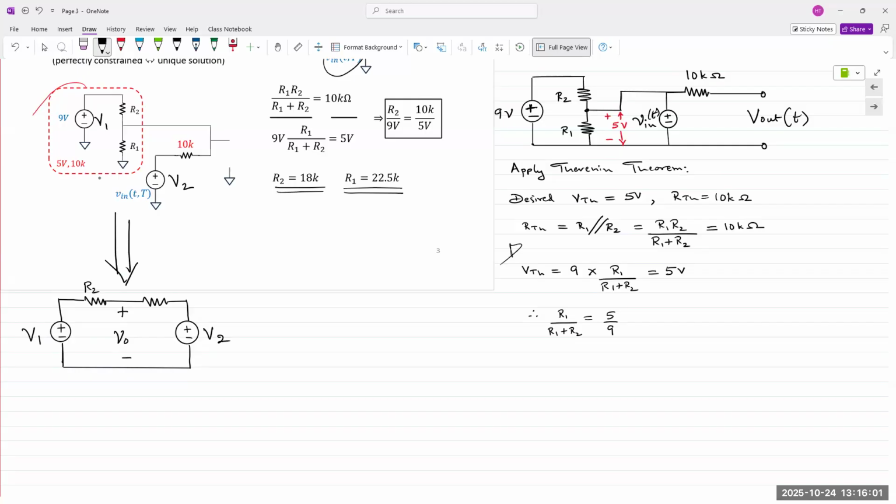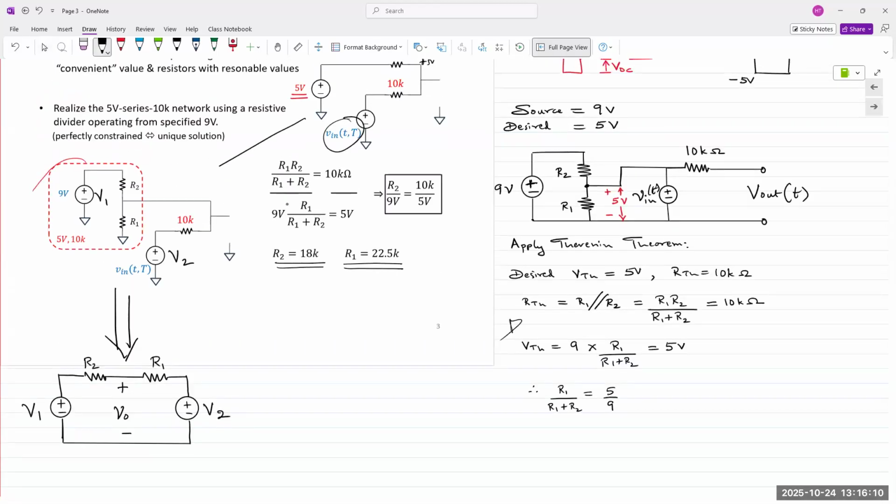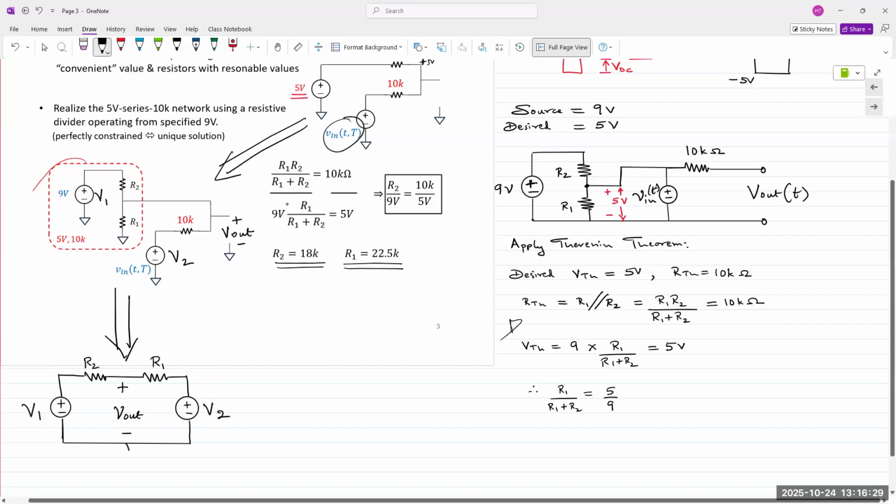And this is R2 and R1, and V out is right here. And then we have our ground reference at the bottom.